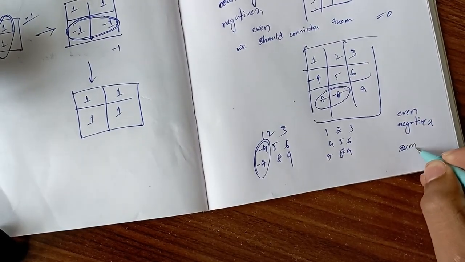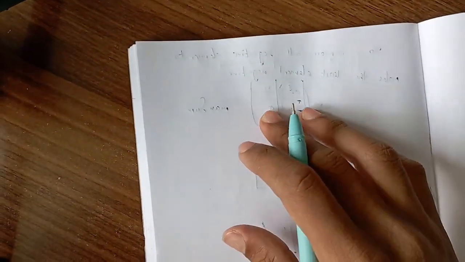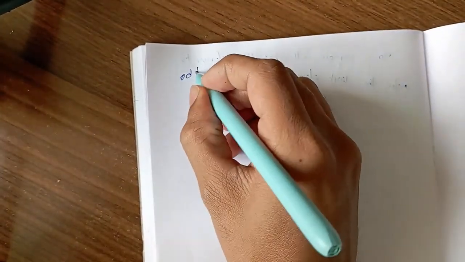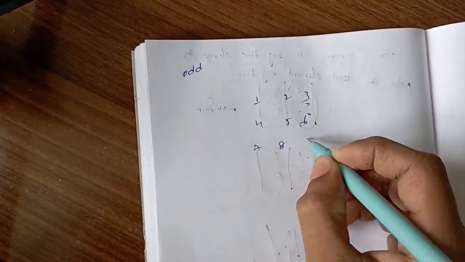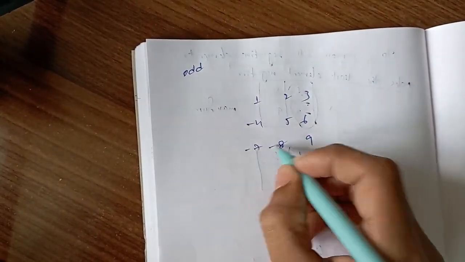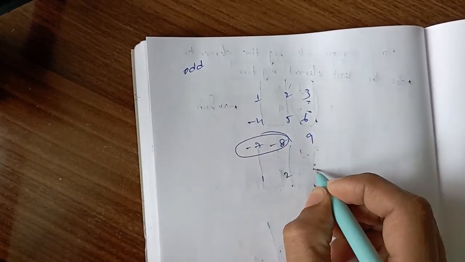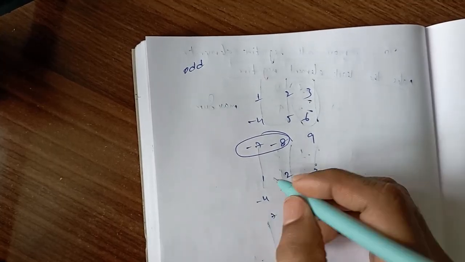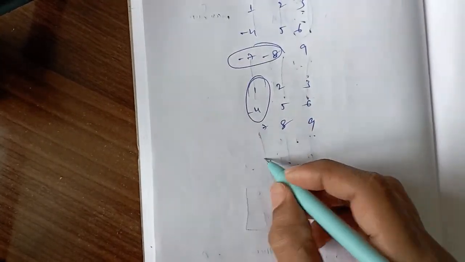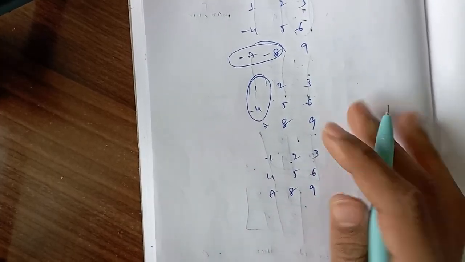We can return the sum. But if we have an odd number of negatives, like 1, 2, 3, 4, 5, 6, 7, 8, 9 with three negatives, here we can make two of these positive by taking the operation. And if you consider the remaining one, we can make -1, 2, 3, 4, 5, 6, 7, 8, 9 by making the operation.